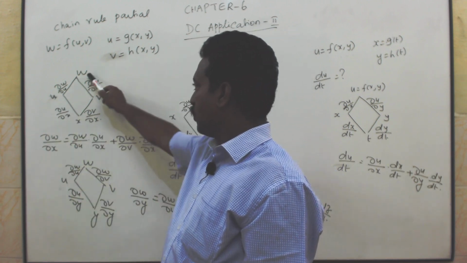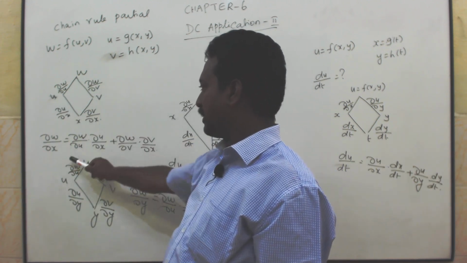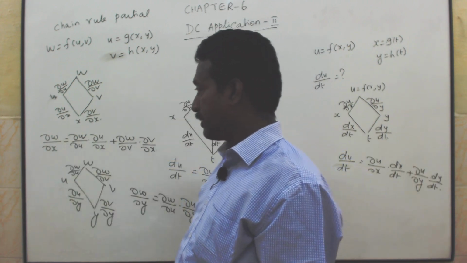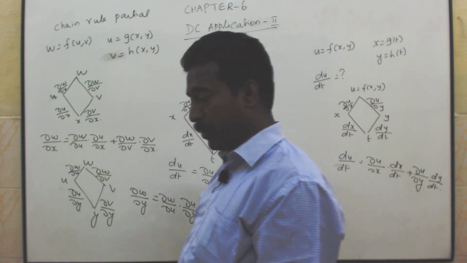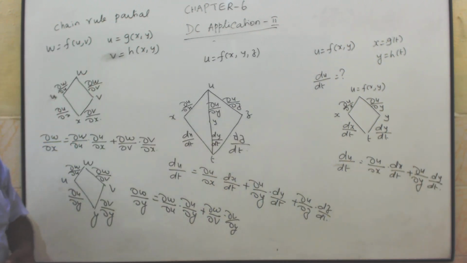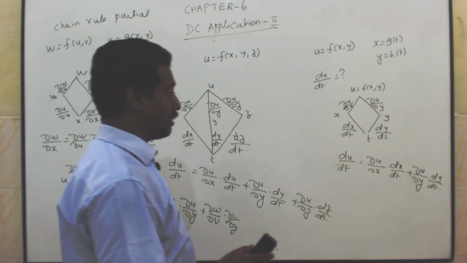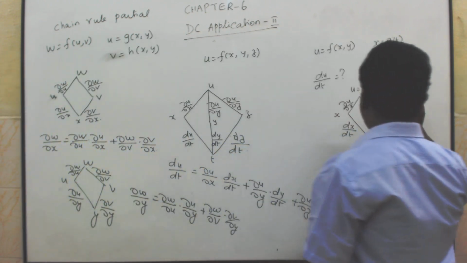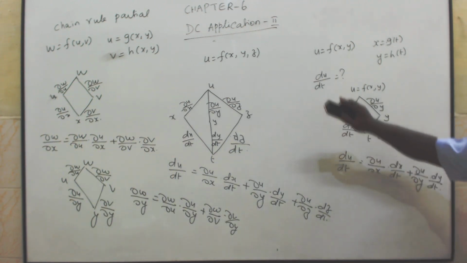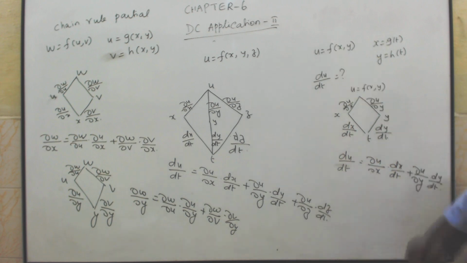Write the chain rule for dou w by dou x, and the same way for dou w by dou y. Out of these two concepts, definitely you will expect one 6-mark question in the public exam. So here, chain rule for derivatives and chain rule for partial derivatives.